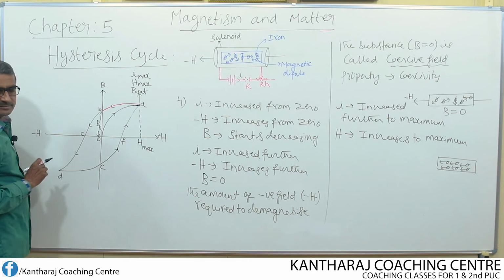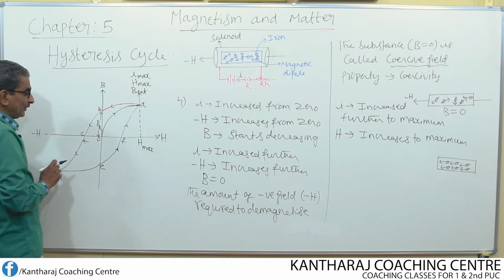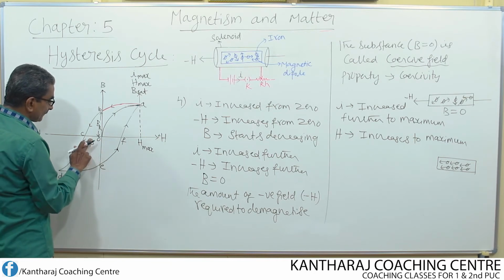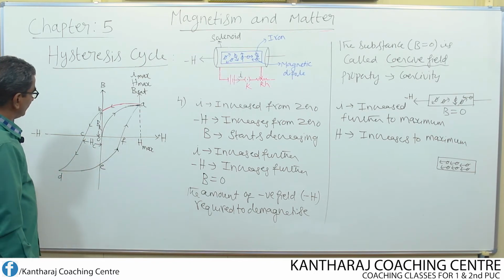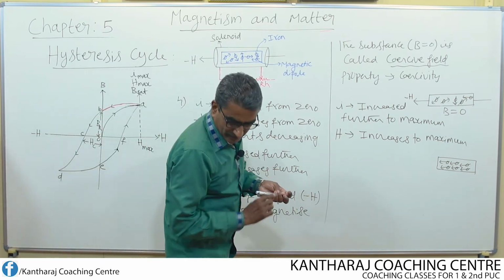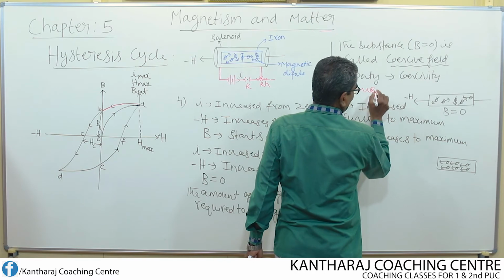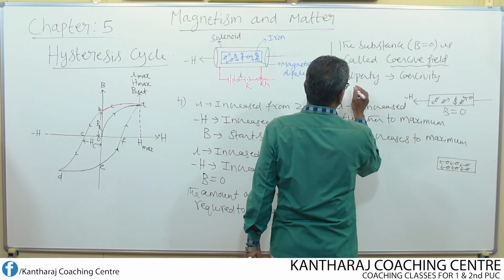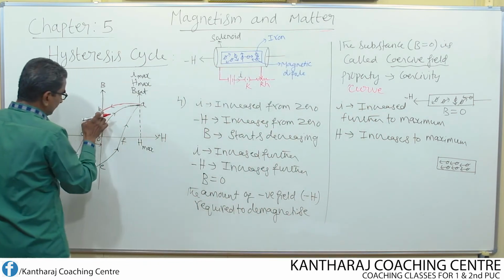Minus H. So this amount of negative field is known as coercive field, HC. Okay. So this operation is represented by the curve, and that curve is nothing but BC.